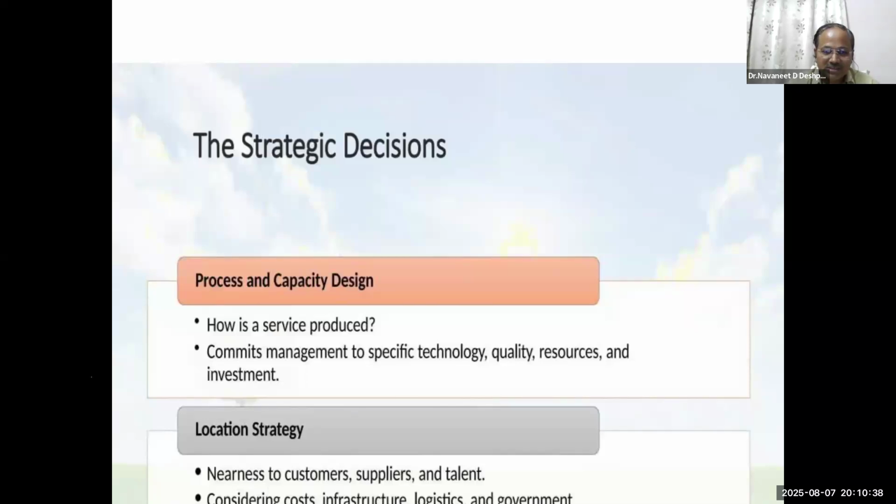Then, of course, the location strategy. I don't have to repeat again: the customer, suppliers, and talent. Location strategy is where the hospital has to be, whether it has to be in the center of the city or outside the city to reduce the cost, or in a place accessible to a certain group of people so that a particular area is taken care of, or in a rural area or on the outskirts of the city.